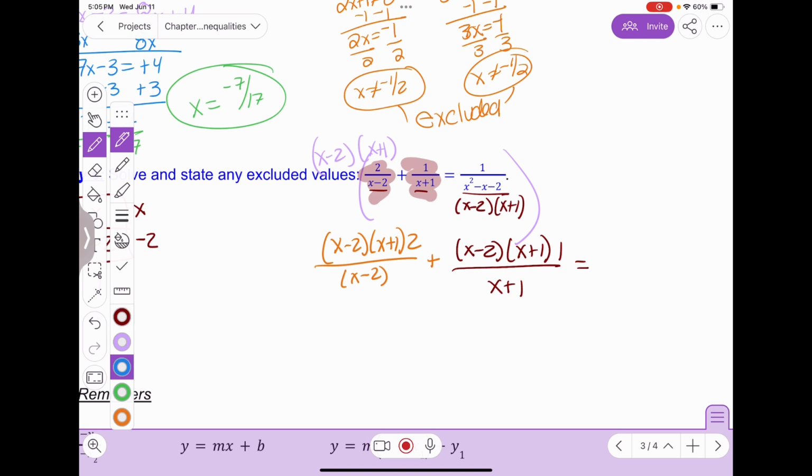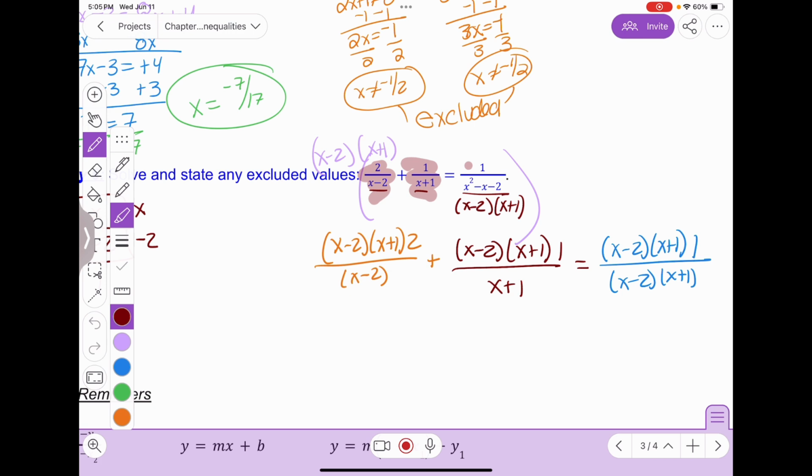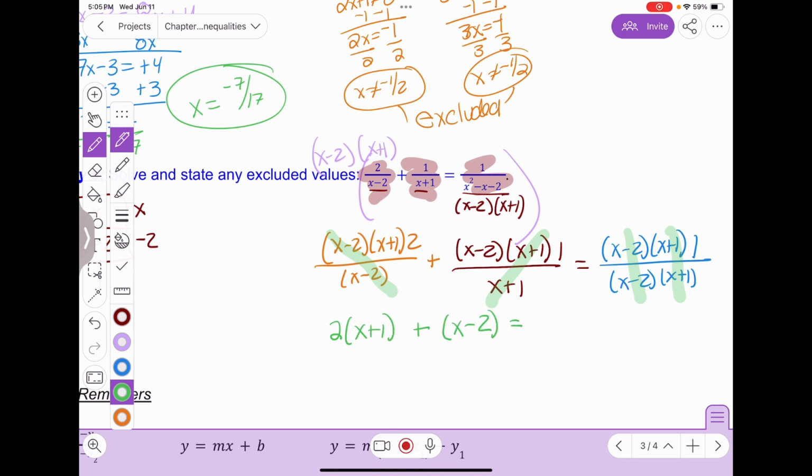Equal sign. Then we get x minus 2, x plus 1, 1 over x minus 2, x plus 1. That fraction's done. Now we're going to simplify. So that goes away, that goes away, that goes away. What's left is 2 times x plus 1 plus x minus 2 equals 1.